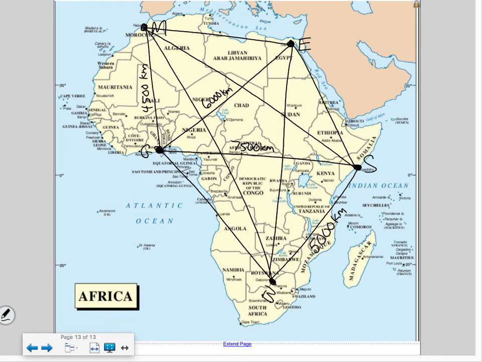Uh-huh. 6,500 kilometers from Ghana to Botswana. Do the edges here. Just to have a different number, we'll have 4,000 kilometers from Egypt to Somalia.